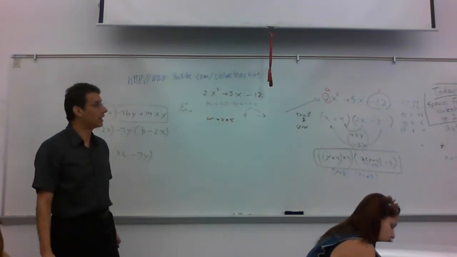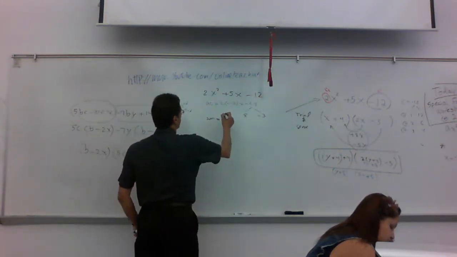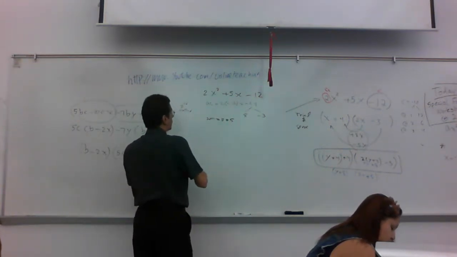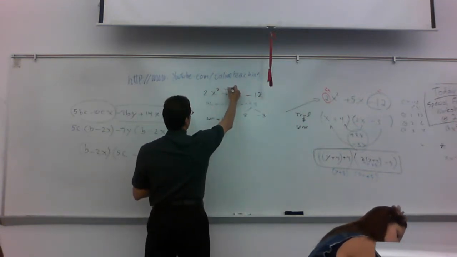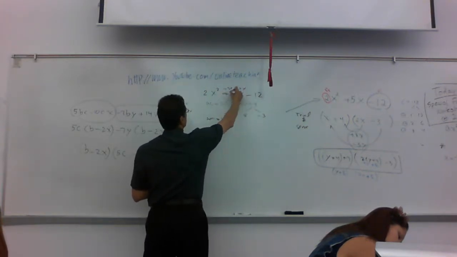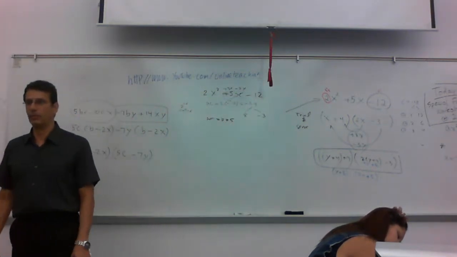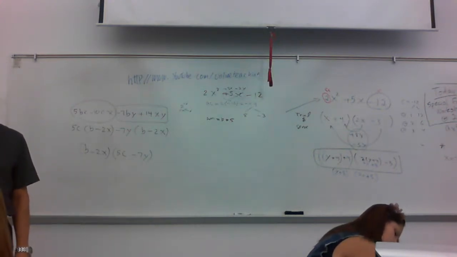The product is negative 24, the sum is positive 5. Therefore, what you do here, class, you change the 5x to plus 8x minus 3x. Do you see what happens here? This goes away and it becomes 8x minus 3x for the sake of grouping.